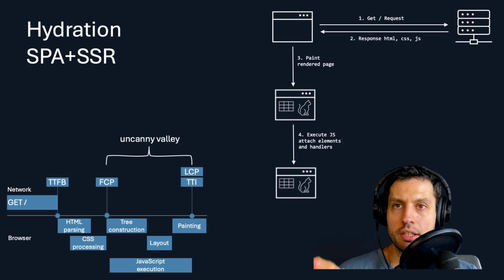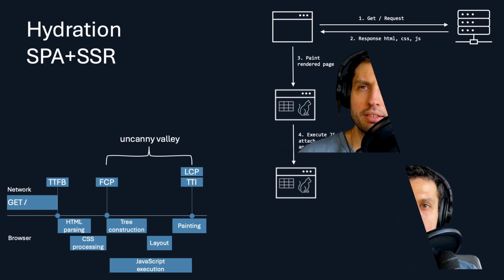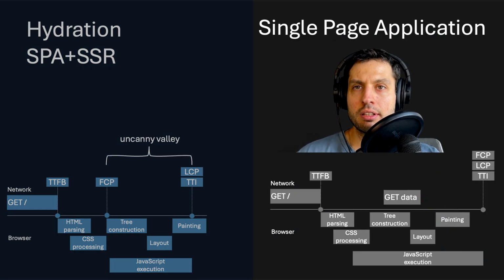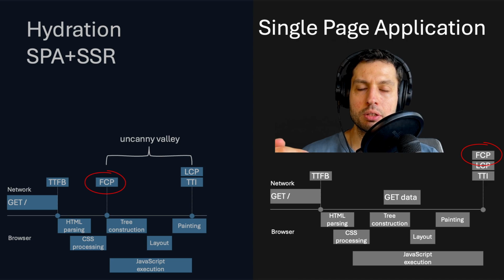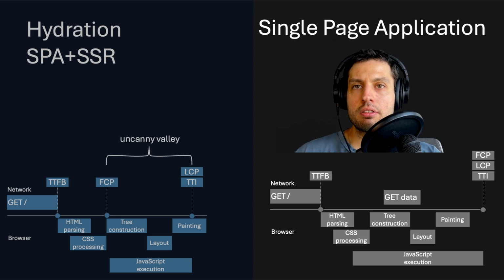So what we get here is that the first contentful paint appears faster compared to the previous approach with the SPA, because there we had to wait for the whole application to execute in order to see something meaningful for the first time. Here we get the first meaningful content, the first contentful paint, faster.